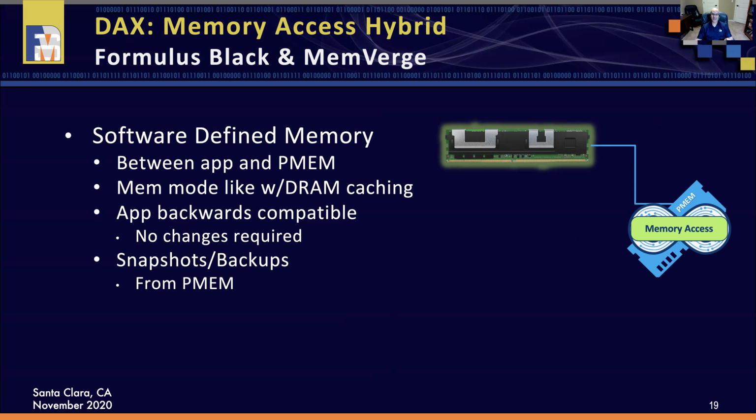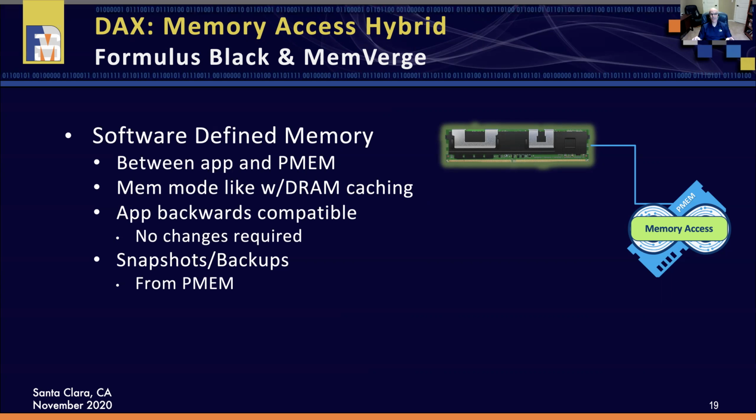It's non-volatile, but it looks and feels to the applications like one memory pool. They virtualized it and turned it into a pool, so you don't have to make any changes to the application. It's backwards compatible. That means no rewriting on the application part, no scripts, no change of the code. Just run the software, run the application, and go.